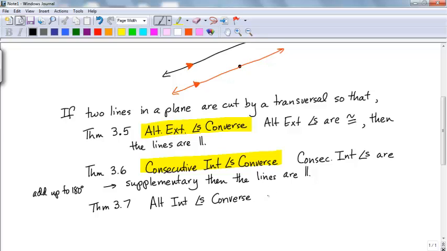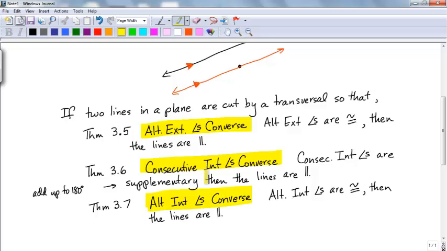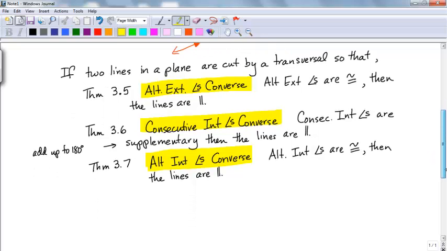It would say the alternate interior angles are congruent, then the lines are parallel. And that's called the alternate interior angles converse. So it would say if two lines in a plane are cut by a transversal so that alternate interior angles are congruent, then the lines are parallel.